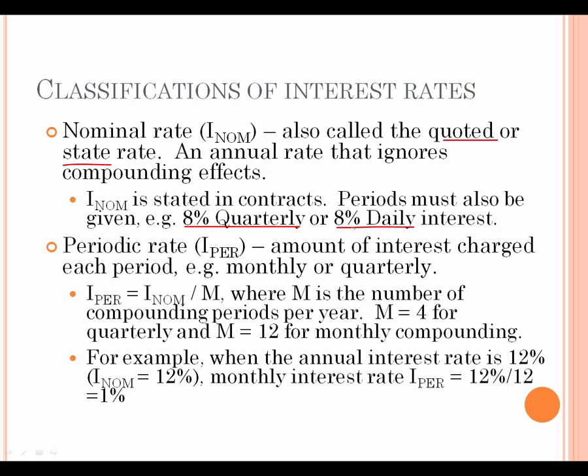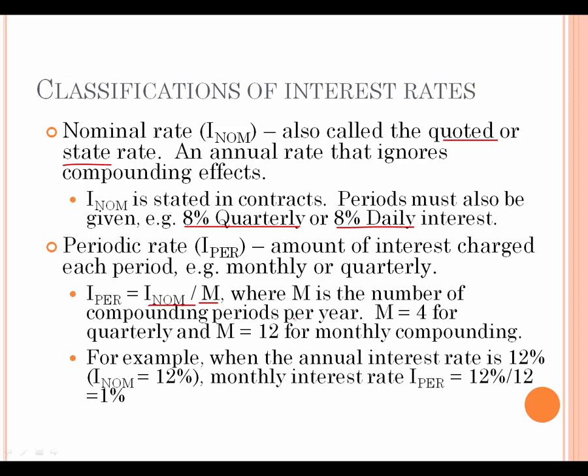Okay, so if we use the nominal interest rate divided by the number of compounding periods each year, then we have the interest rate of each period, the I-PER. For example, if M equals 4, so 4 times a year, that means quarterly compounding.